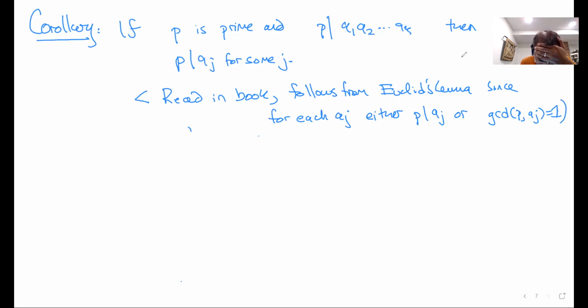What I've written here is just a fact: if you have a prime and some other number, either it has a common non-trivial factor, which must be P itself, in which case P divides AJ, or it doesn't, in which case they're relatively prime. And this is exactly the setting of Euclid's lemma. By applying Euclid's lemma repeatedly, you can prove this corollary.